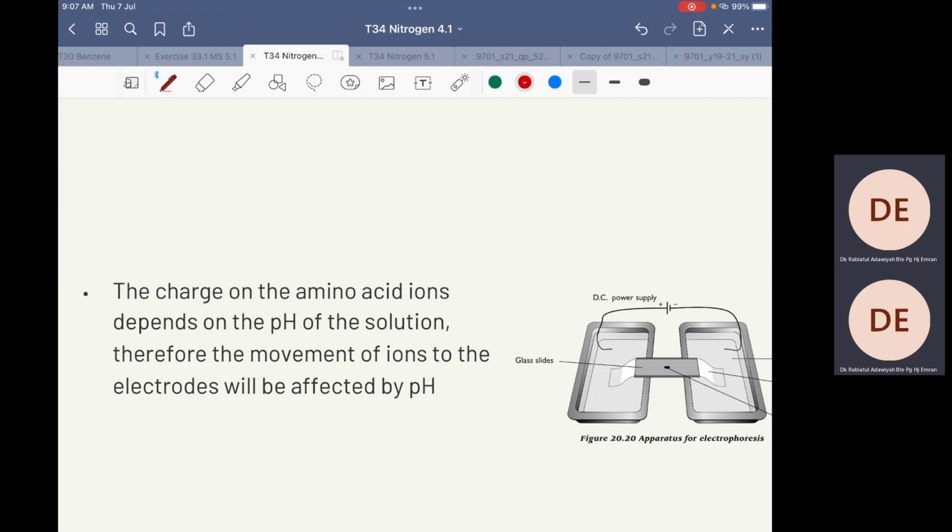But if it's high pH or low pH, we learned that at low pH, it will be a positively charged ion. At high pH, it will be a negatively charged ion. However, we also haven't taken into account the R group. Sometimes the R group also contains an acidic group, COOH, or an amine group, NH3.